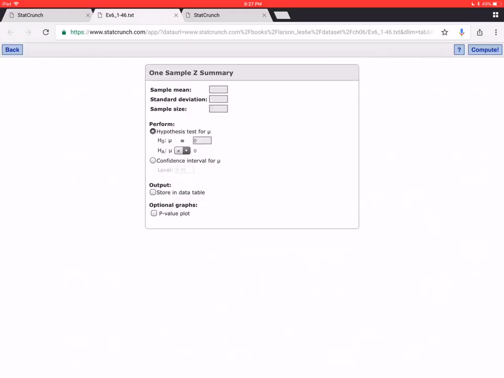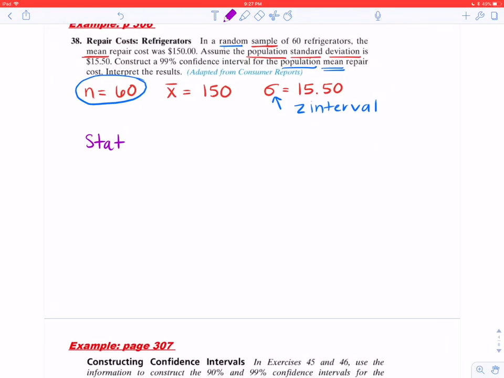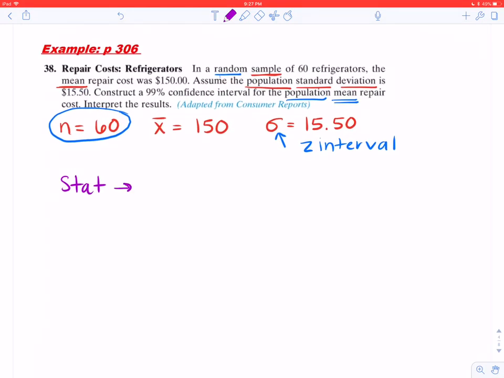And that's just going to bring up a little dialog box for me, where all I have to do is input the information that I was given. All right, so again, that is my stat menu. I went under Z-Stats because it was a z-interval. I did one sample. And because we were looking at summary statistics like N and X bar, I went to with summary.